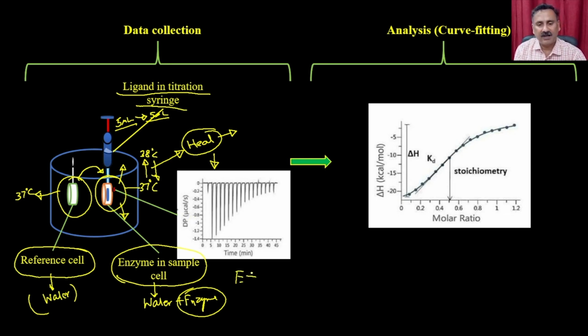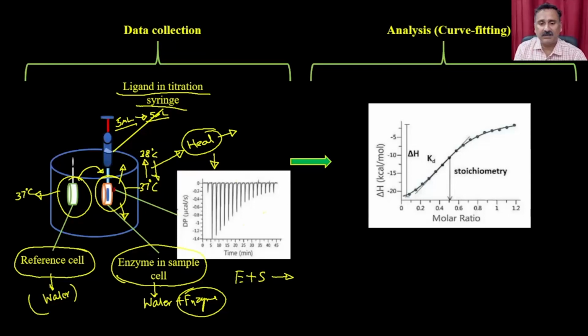If the enzyme is interacting with the substrate, it is making a lot of rearrangement within the enzyme, and because of this rearrangement, a lot of interactions are getting broken, or new interactions are forming, and because of that there will be either a release of heat or an absorption of heat.